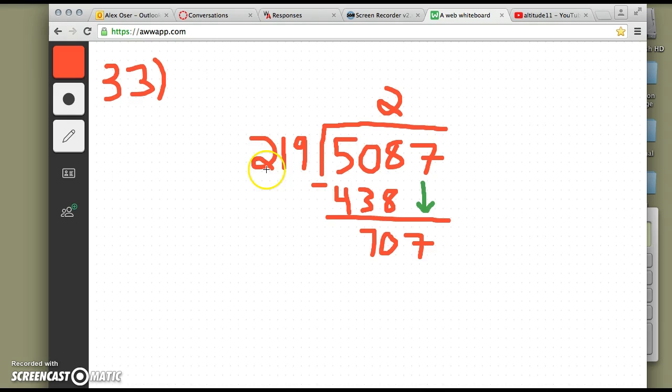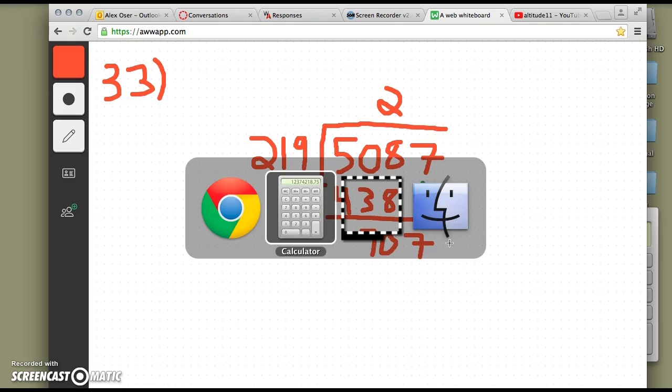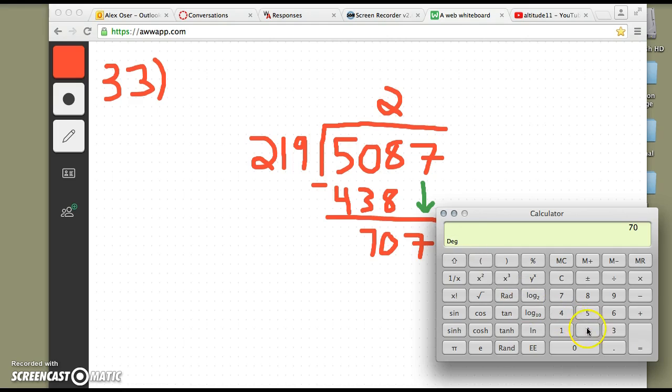So what we're looking at now is how many times 219 goes into 707. My guess, since 219 is close to 200, is that it's going to be 3 times. If we do 219 times 3, we get 657.